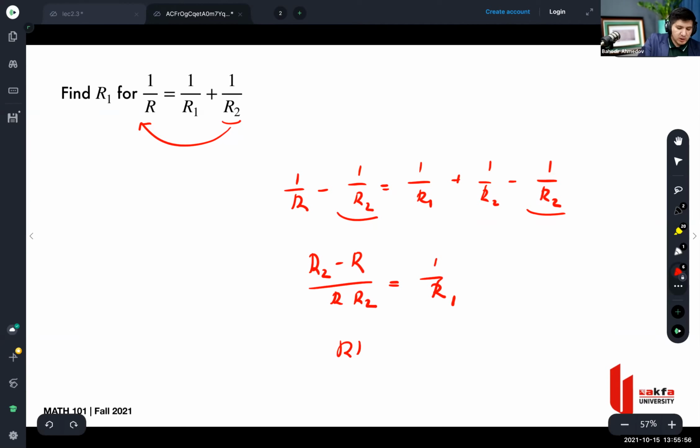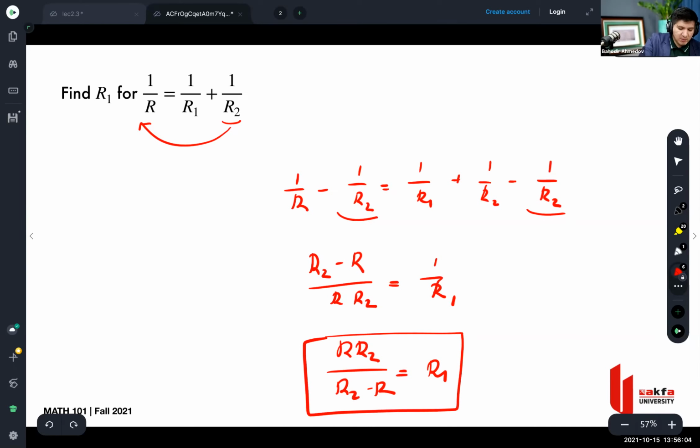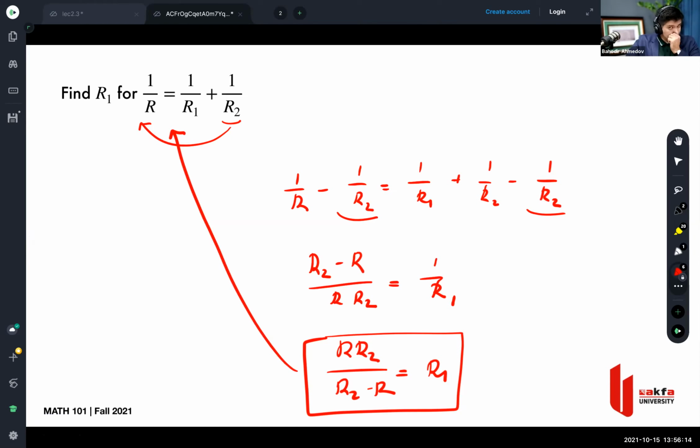It is going to be R times R2 divided by R2 minus R is equal to R1. So this is how we would express the terms. And I would again call this a solution, because if I substitute this into this equation, this would be true, right? So you can easily check this over.